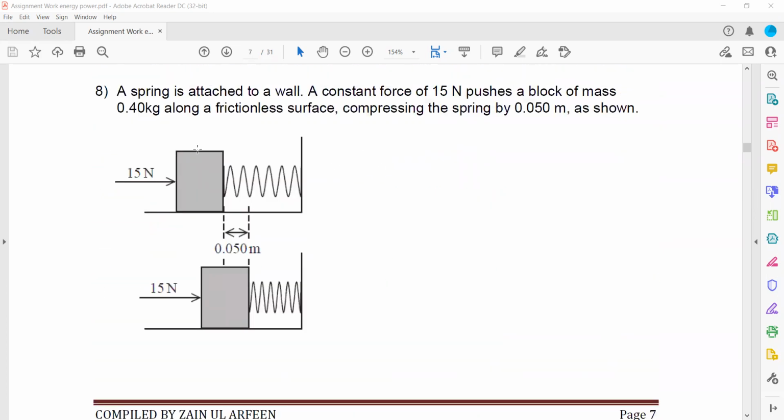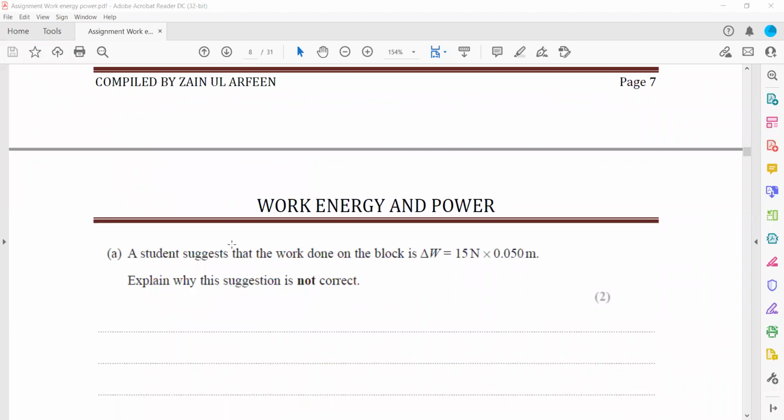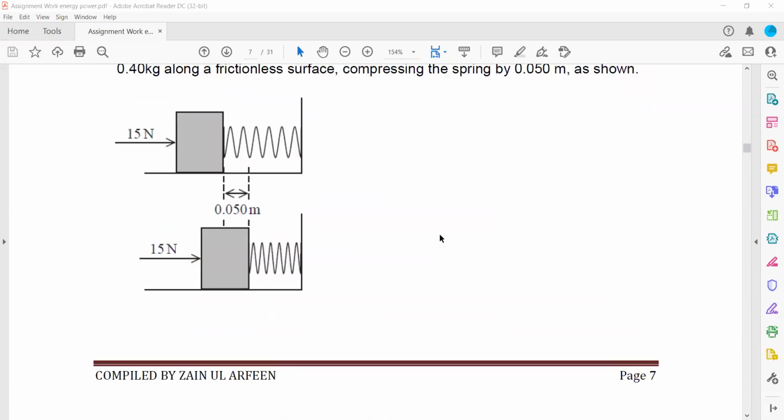The student applied a force of 15 Newton and moved the object a distance of 0.05, so he suggests that the work done on the spring is equal to the force 15 times 0.05. The student says the work done on the block is 15 into 0.05. Why is this not correct?